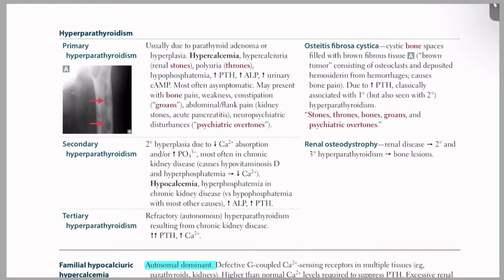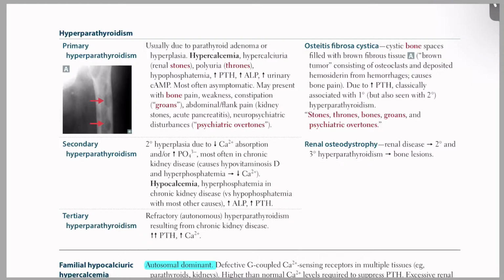Secondary hyperplasia due to decreased calcium absorption and/or increased phosphate, most often in chronic kidney disease, causes hypovitaminosis D and hyperphosphatemia, decreased calcium.